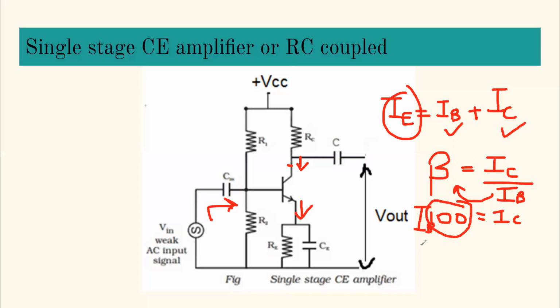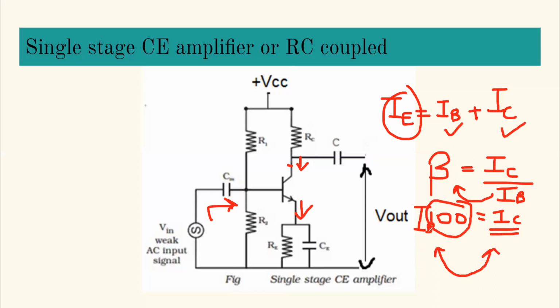For very small base current, you are getting considerably large collector current. That is why this is known as small signal amplifier. What is the other name of it? Small signal amplifier or linear amplifier. Linear relation है ना, इन दोनों में linear relation है.